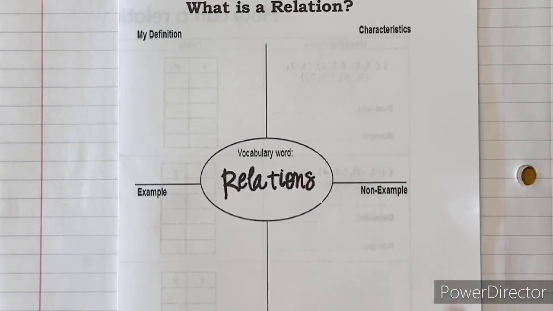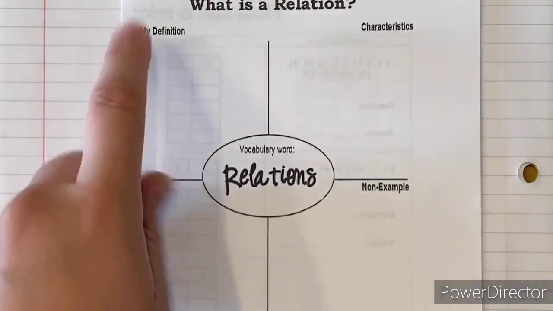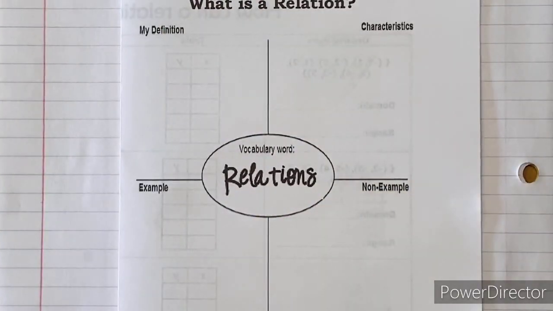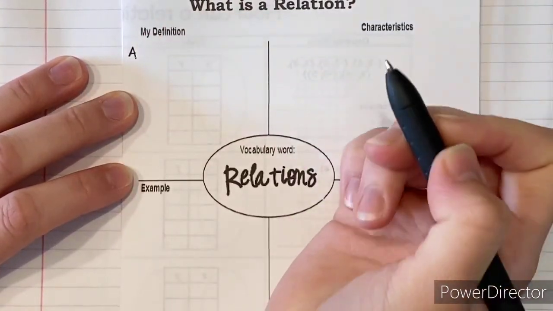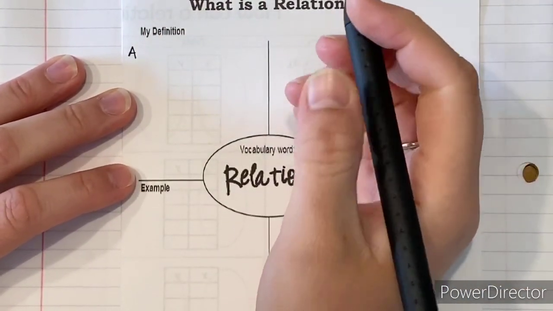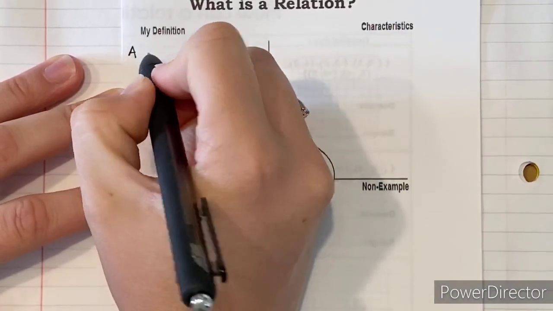So we're going to go over these 4 things. We're going to start with the definition of a relation. So write kind of small. If you write large, kind of write small on this one.